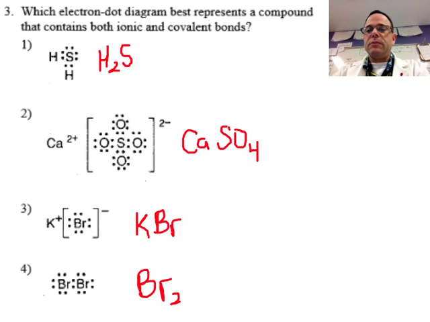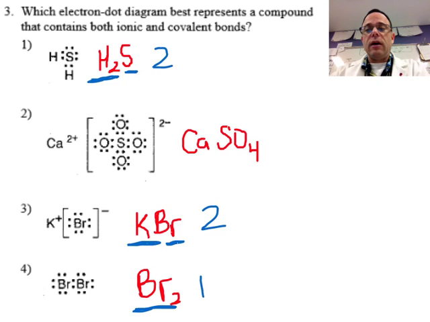So now when I inspect the formulas that I wrote, I see hydrogen and sulfur, that has only 2. For choice 3, potassium and bromine, that has only 2. This one only has 1 element. In fact, this is not a compound at all. It is a diatomic element, and diatomic elements need to be held together covalently.